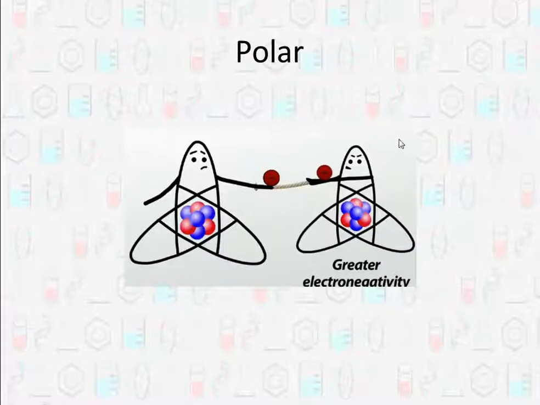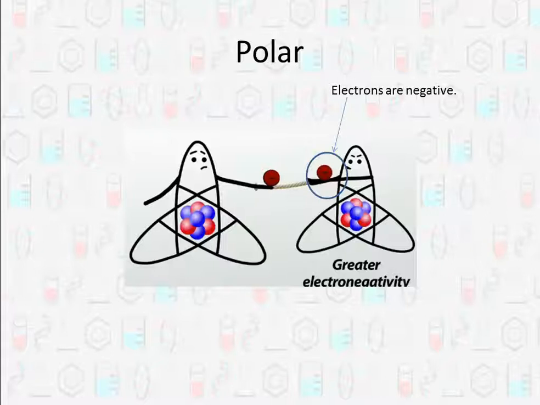You have one atom that has a greater electronegativity than the other atom, and the one with the greater electronegativity attracts electrons. So those electrons spend more time with this one than they spend with this one. Now, here's the really important part: electrons are negative, right? We know that.